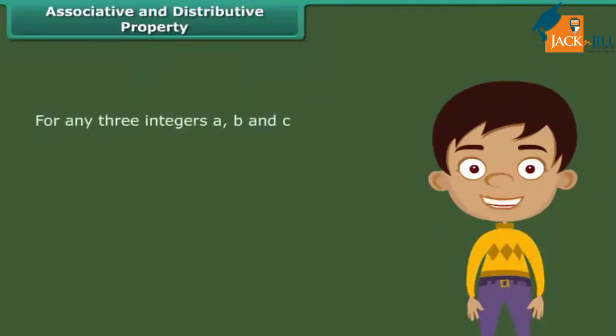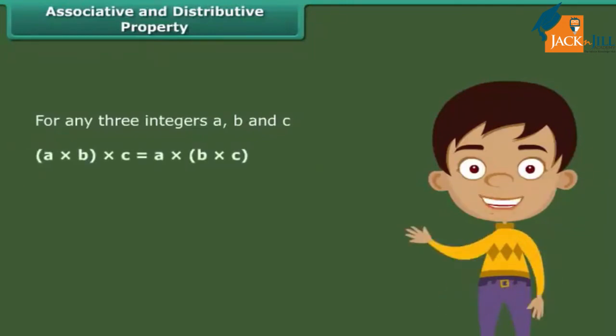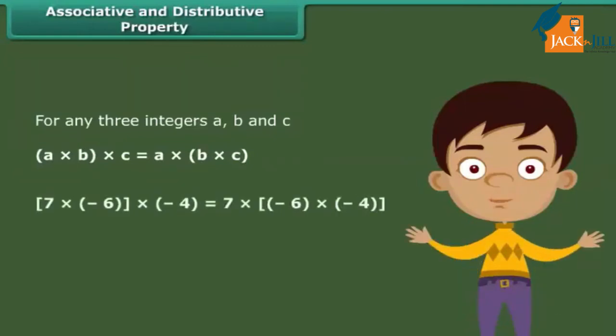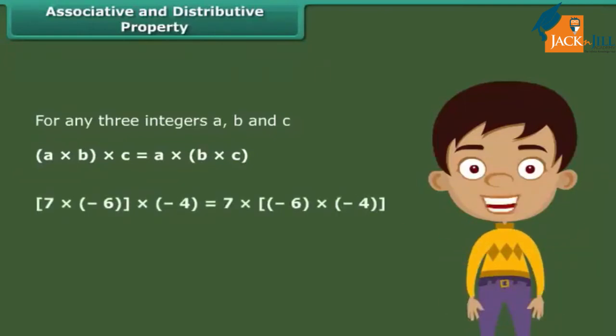For any three integers a, b, and c, a into (b into c) is equal to (a into b) into c. For example, 7 into (minus 6 into minus 4) is equal to (7 into minus 6) into minus 4.